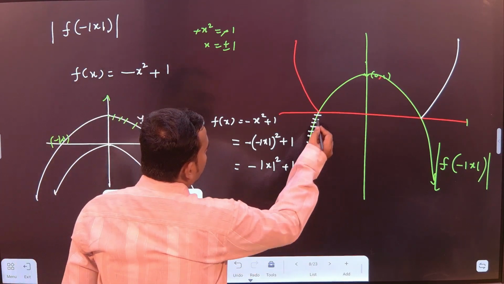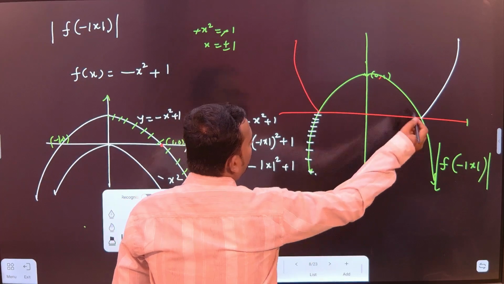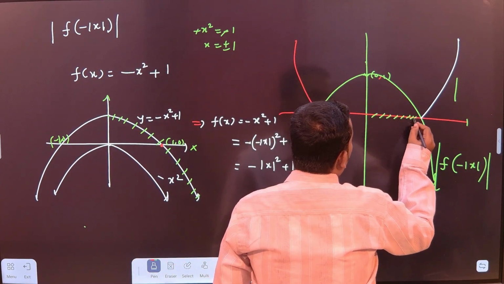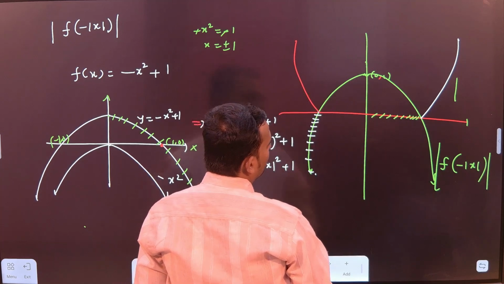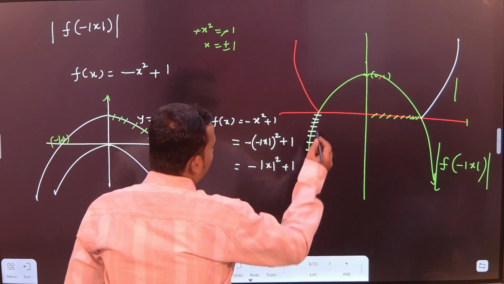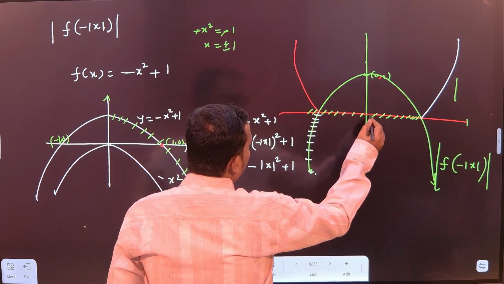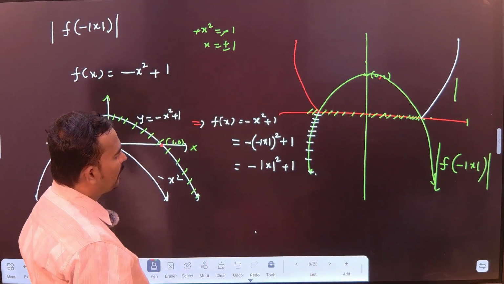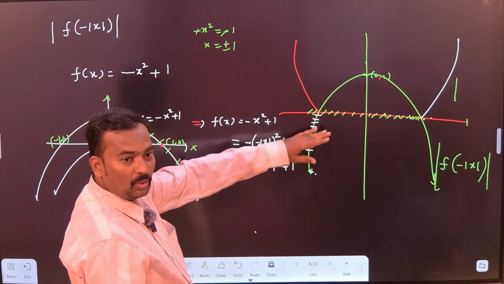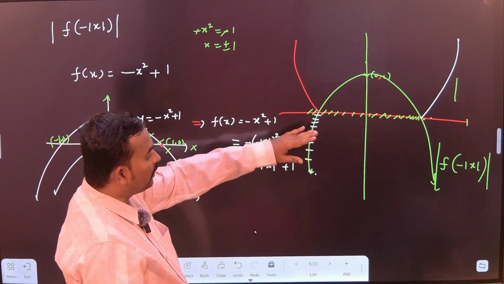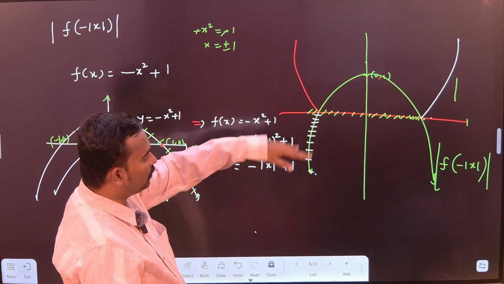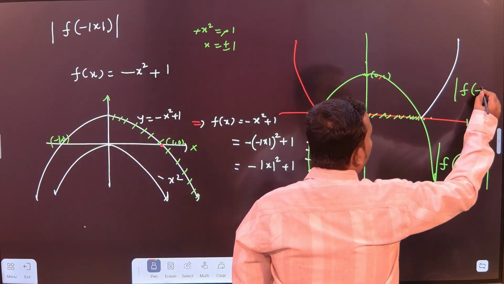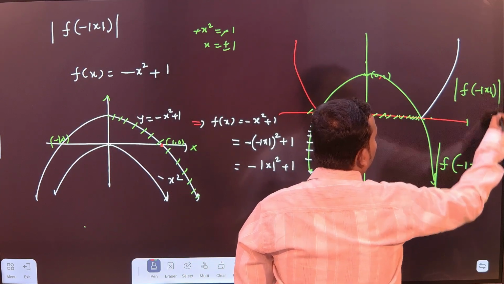Okay, so this will be going like this, this will be going like this. This is what the graph of this you can take. X-axis you take mirror. Only the part below the x-axis, that only you have to take the image with respect to x-axis, right? This is the graph of the modulus of f of minus mod x curve.